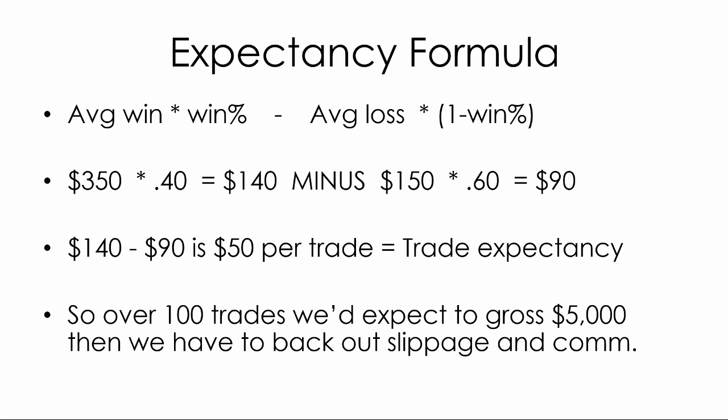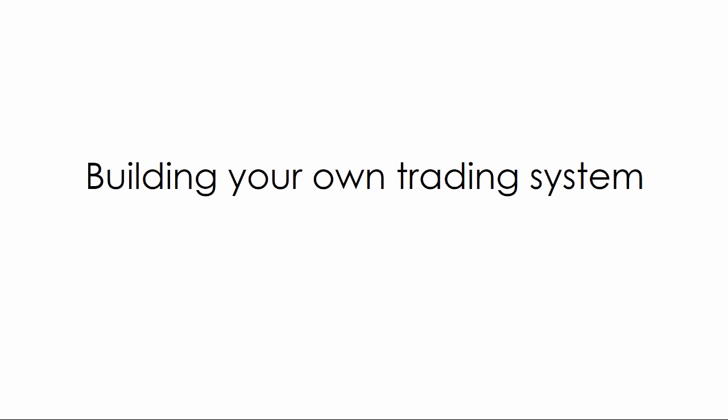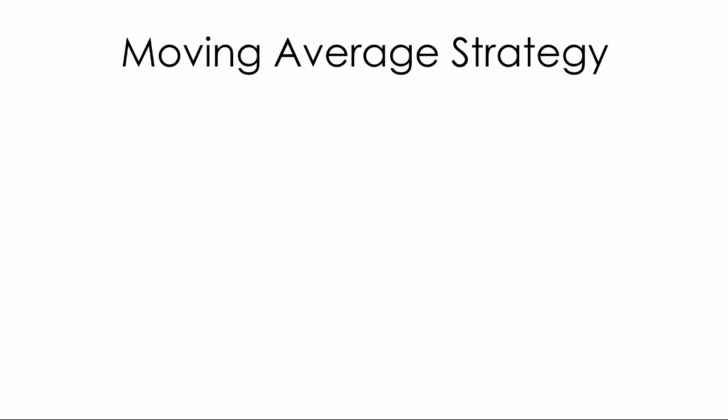So now that we understand the importance of expectancy and statistics, let's take the natural next step and actually build a system together. All right, I got a strategy here, guys. It's a moving average strategy. And I'm going to tell you how simple it is. It uses daily bars.